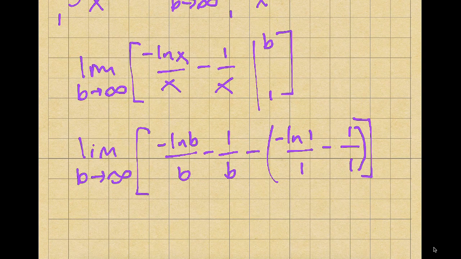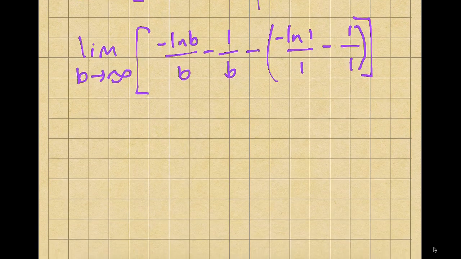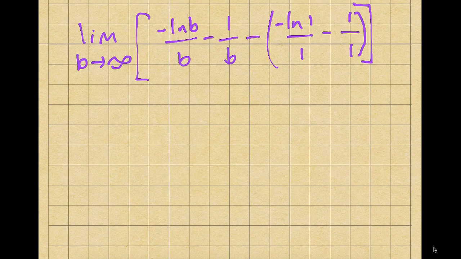Now we start to talk about what this limit is. If you think about this limit as b goes towards infinity, this part right here is going to go towards 0. This part right here is going to go towards 0. This part right here is 0 because the natural log of 1 is 0.